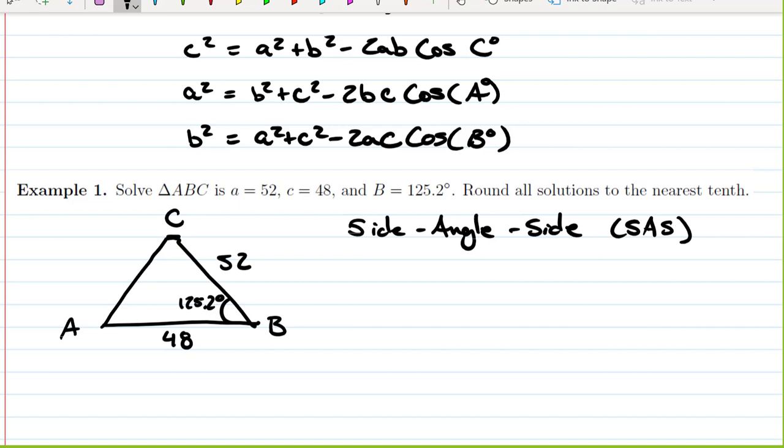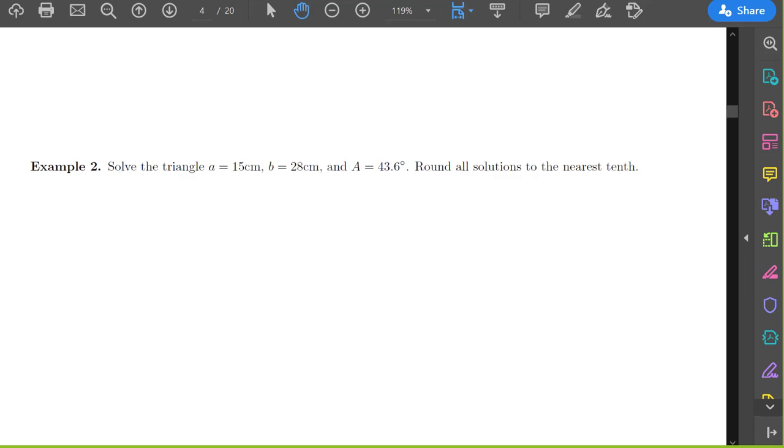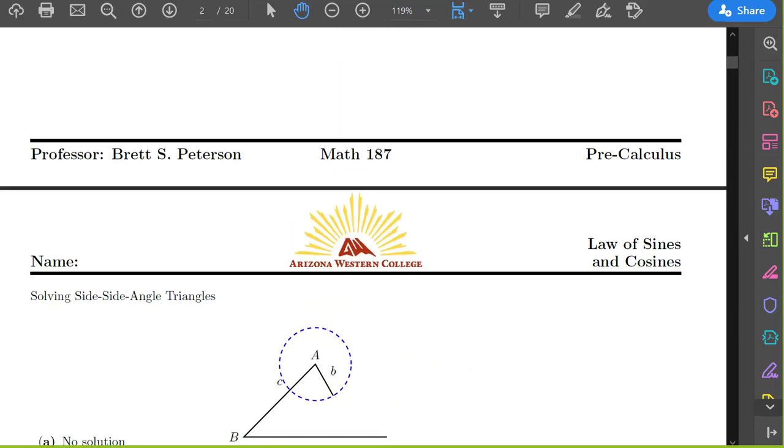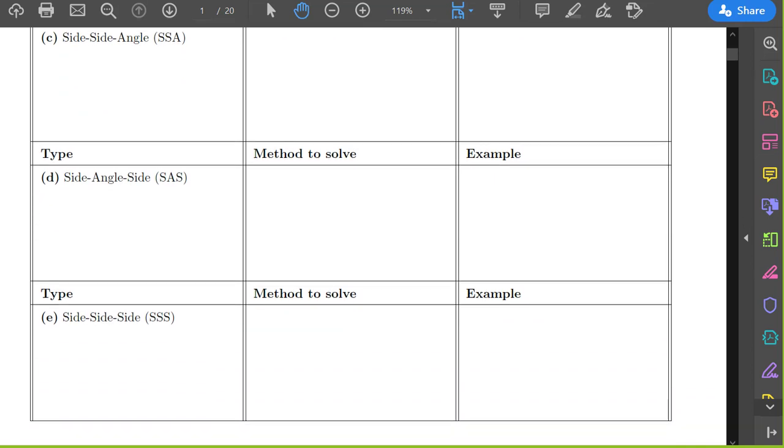And to solve side angle side, we're going to use the law of cosines. So if we go back to our handout now, all of the examples we've done so far were all side angle side.